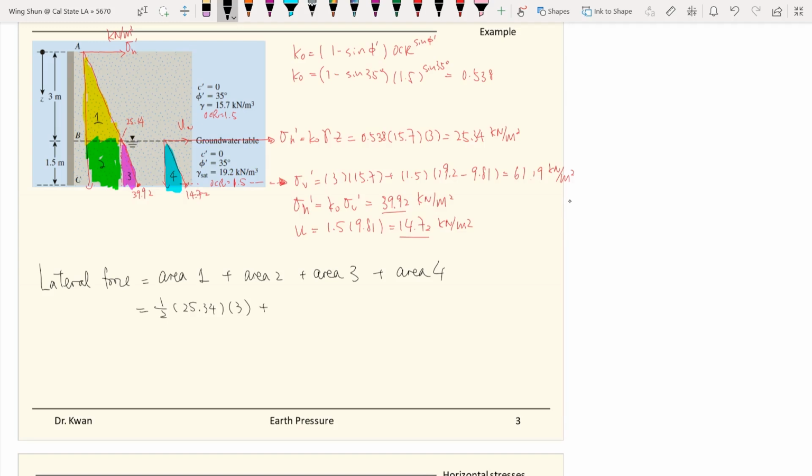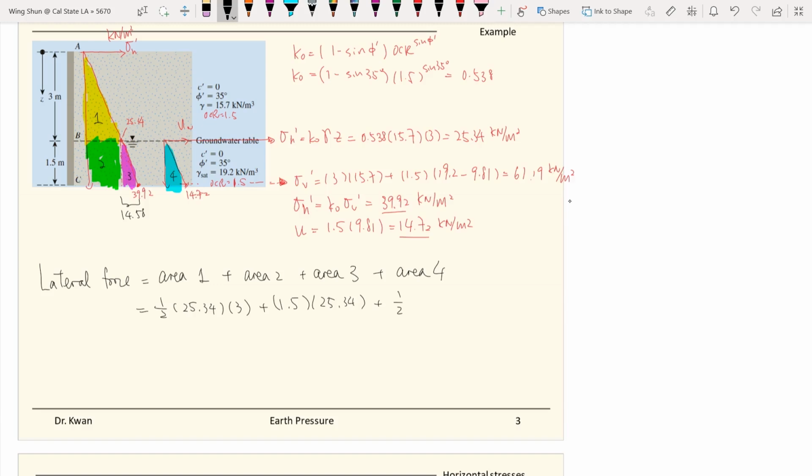Plus the second area, which is a rectangle, equals 25.34 times the height. Then we have another triangle, which is 1/2 times this part here, which equals 14.58, the difference between 39.92 and 25.34.